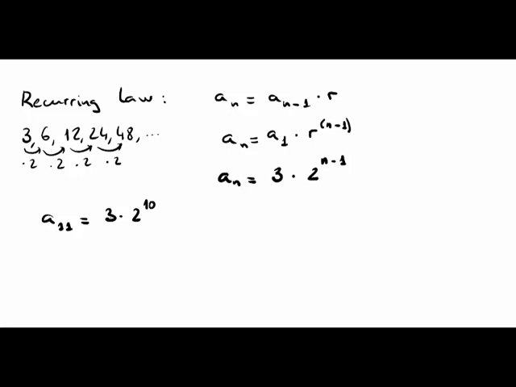When I have very big numbers, I can just write 3 multiplied by 2 to the 10th. You don't have to calculate 2 multiplied by 2 multiplied by 2 ten times, because it's something completely absurd.